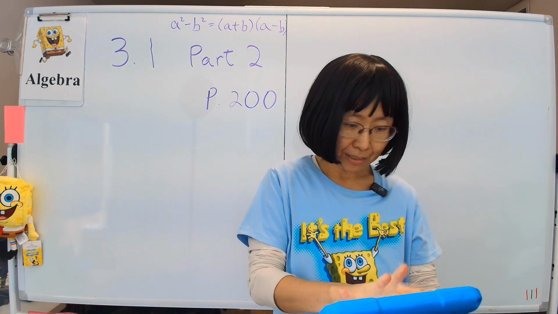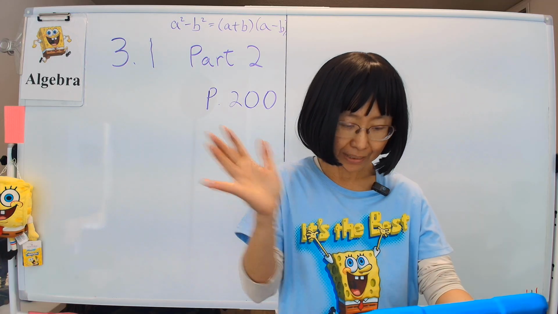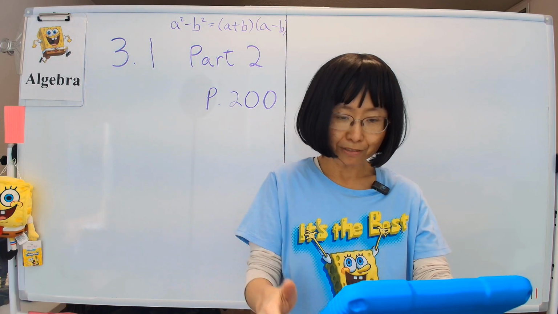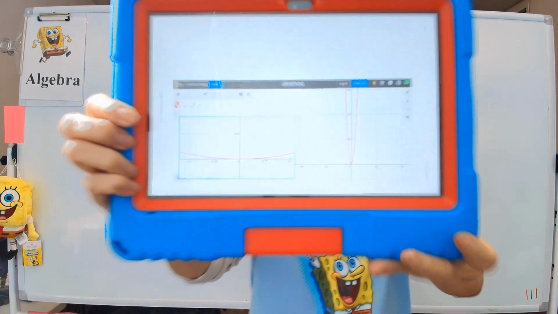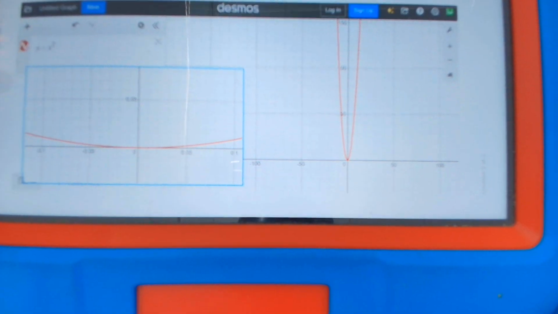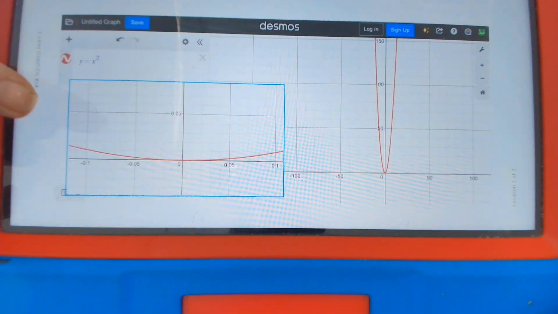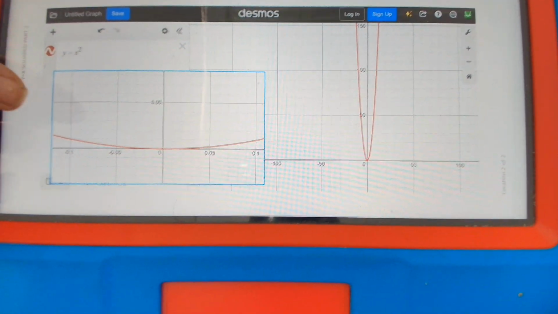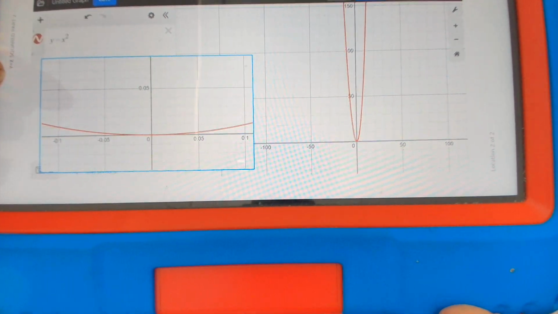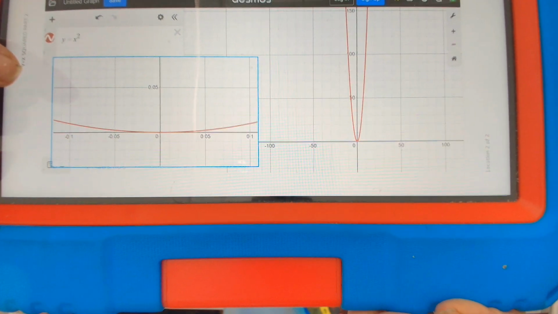As a result of clicking the plus or minus button, this is what I got for some of the answer of this problem. I did the two extremes, so I have the two answers superimposed here. This is the -1 to 1 answer, where as you can see, the graph looks very, very flat, because we're zooming in.